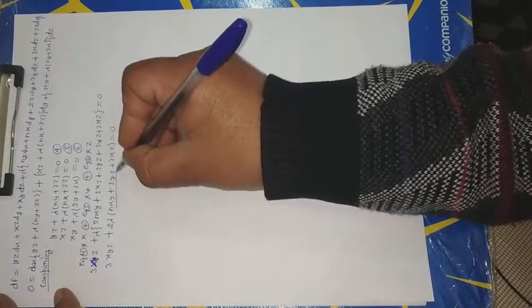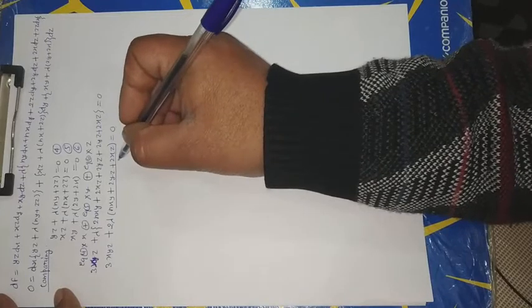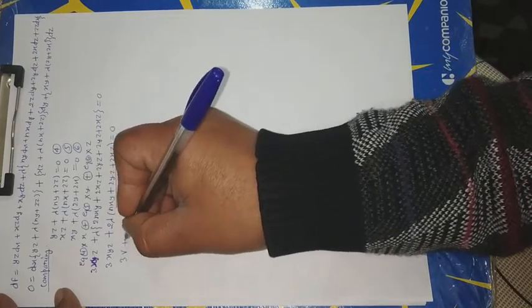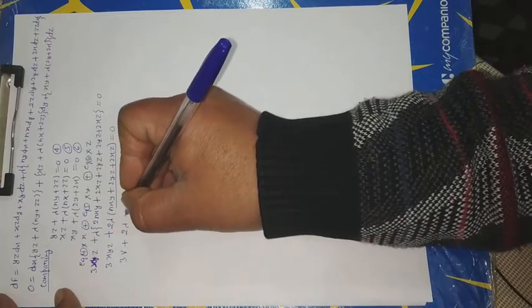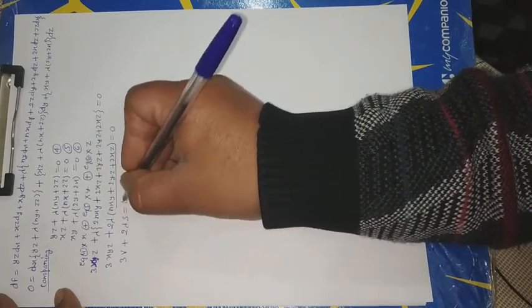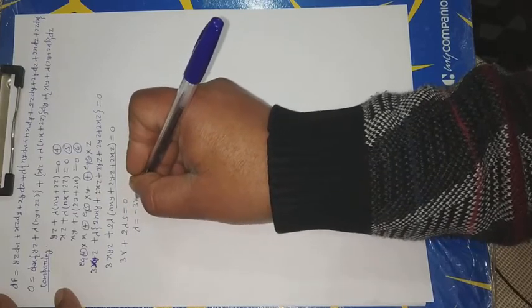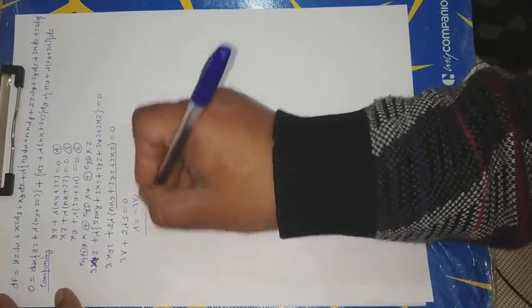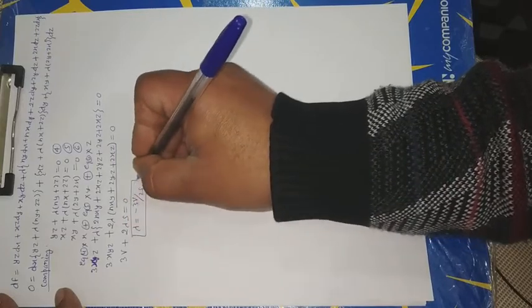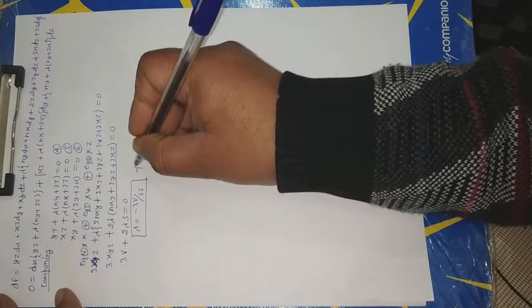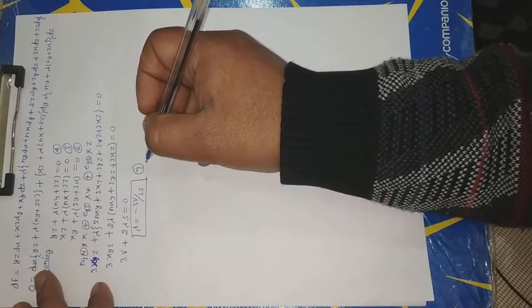Now this is the value of S. Now 3V plus 2 lambda S equal to 0, that is lambda is equal to minus 3V upon 2S. This is the value of lambda, represented by equation number 7.